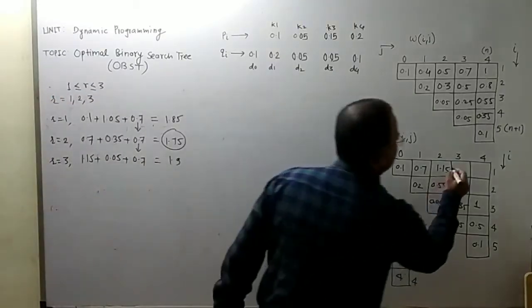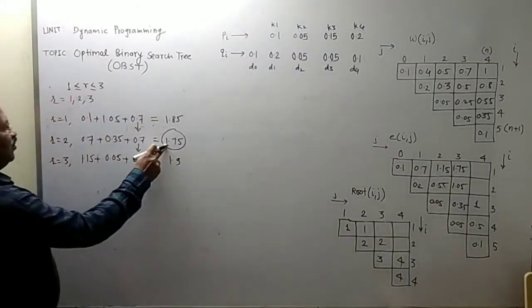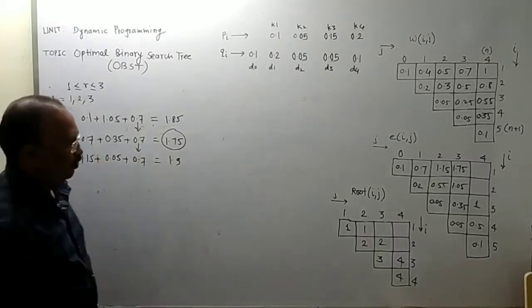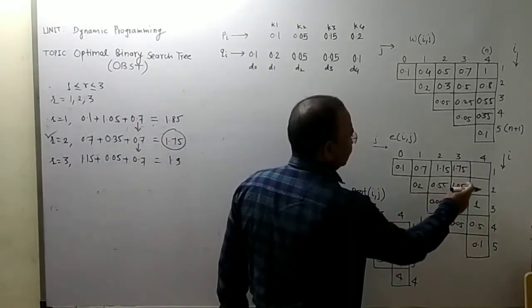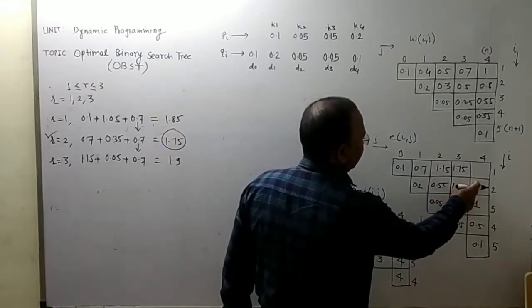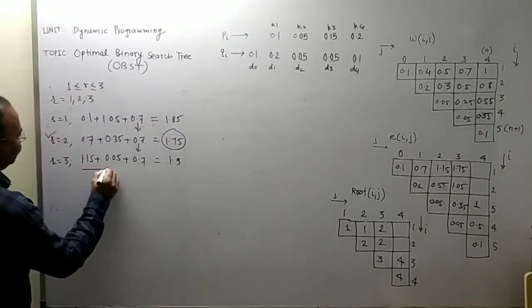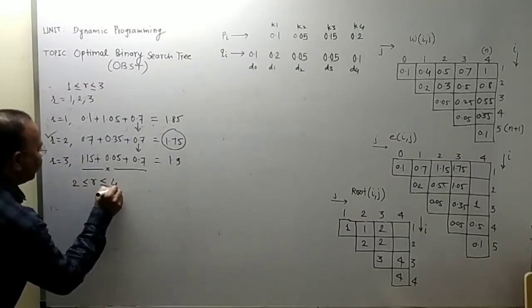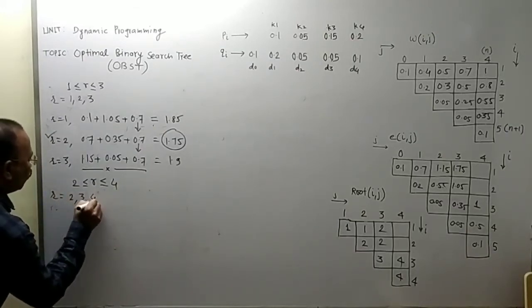So write here 1.75. We have got 1.75 for r is equal to 2. So write here r is equal to 2. Then try to get the value for this cell 2, 4. 2 less than or equal to r less than or equal to 4. R varies from 2 to 4.